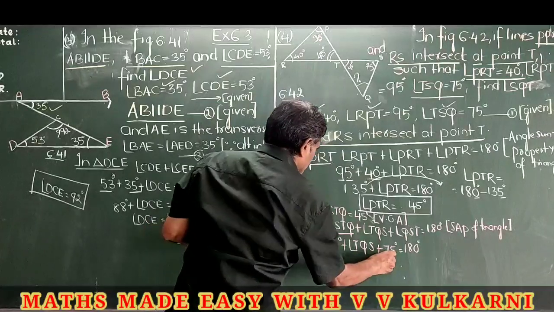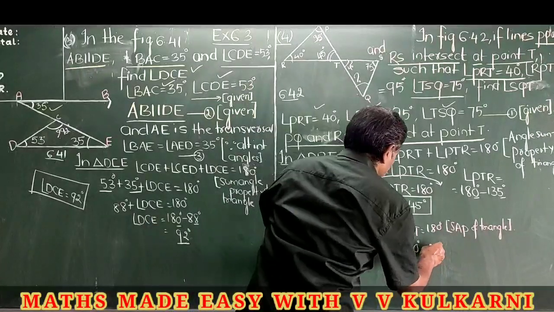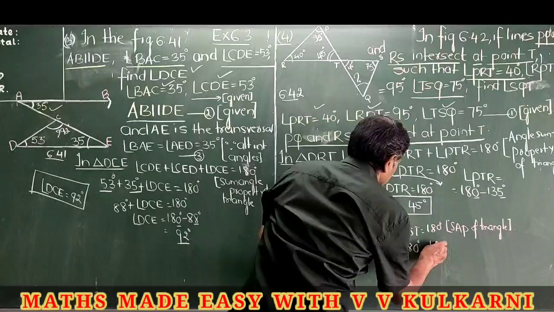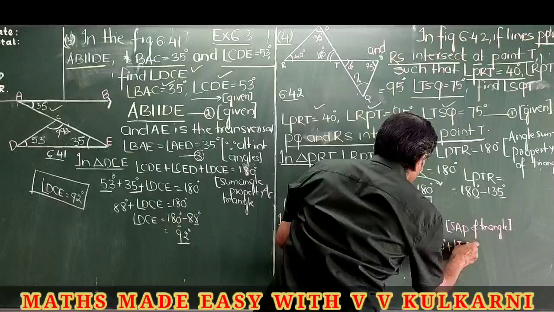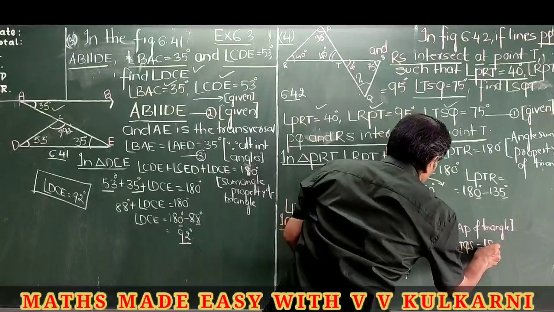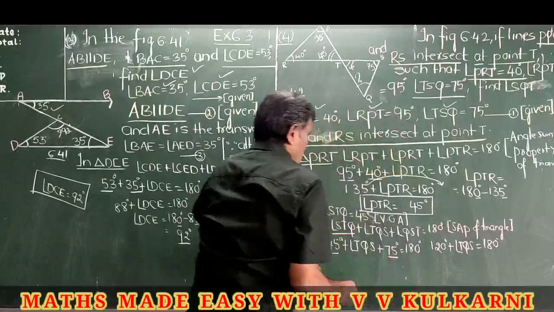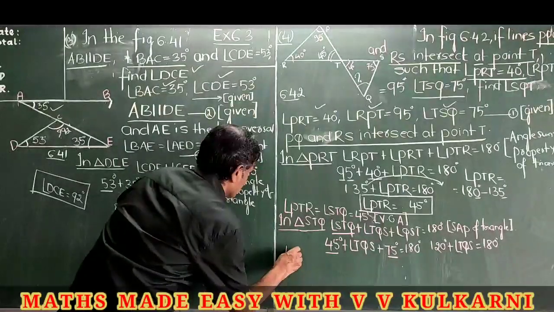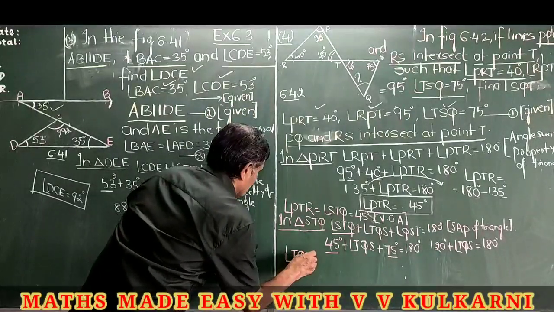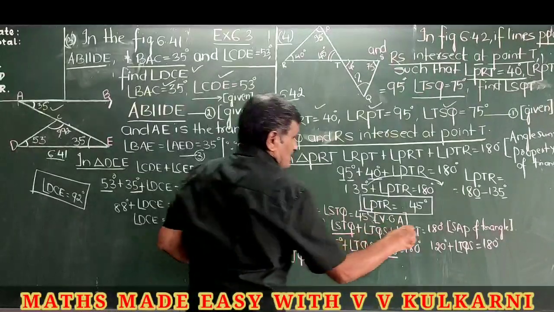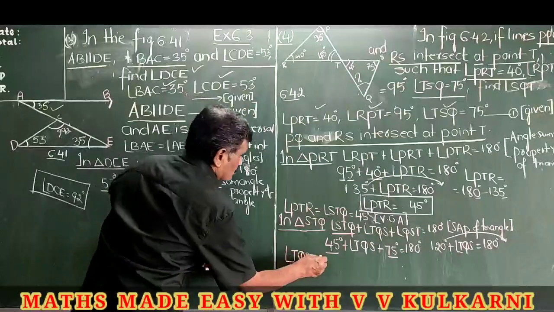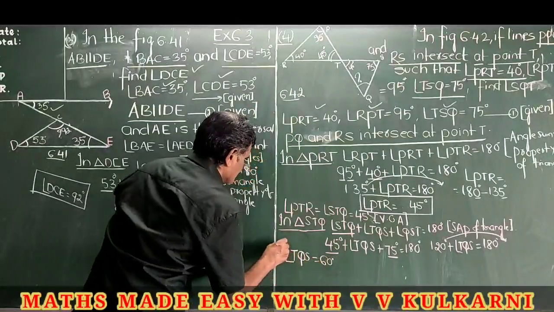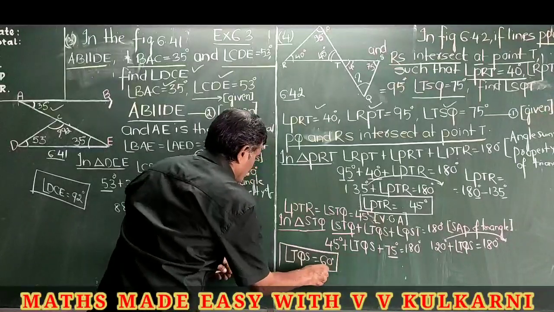Now if I add these two, it will become 120 degrees plus angle TQS is equal to 180. So finally the answer I am looking at is angle TQS is equal to, if I transpose it to the right side, 180 minus 120, and that is equal to how much? 60 degrees. So I hope children you might have understood.